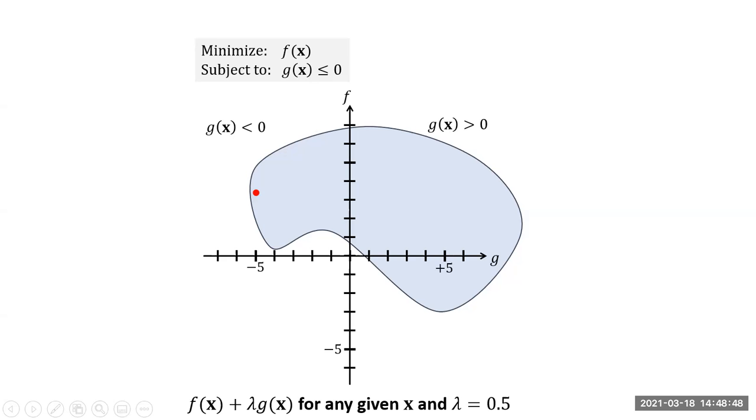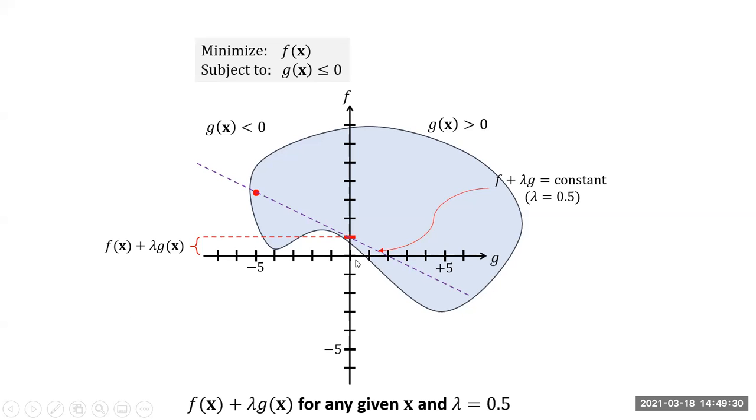Then we are given a value of lambda, and then we draw a straight line with slope negative lambda passing through this point. The slope of this, for lambda equals 0.5 in this example, is negative half, and it must pass through this point. So this is f plus lambda g equals constant, right? Now you can read off the value here.